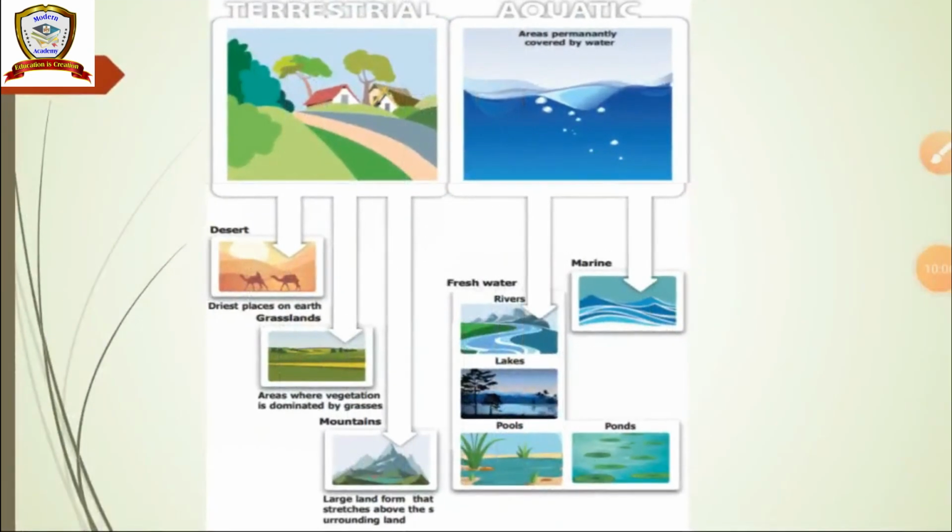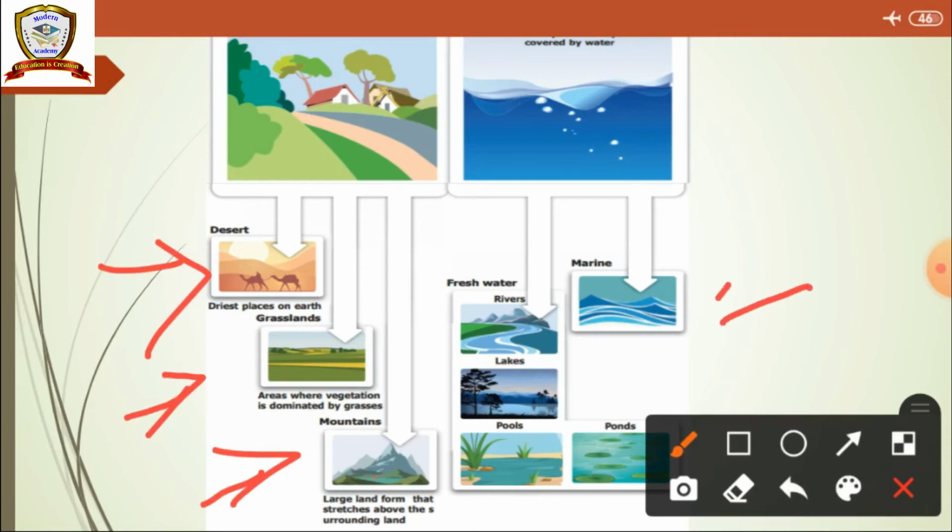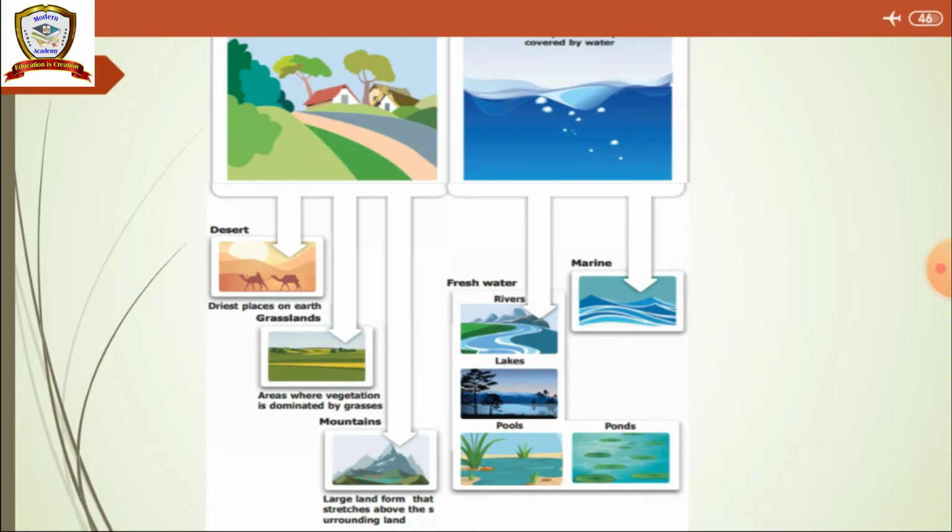So these are the terrestrial and aquatic habitat. In the terrestrial habitat, we can see desert, grassland, mountains. In the aquatic habitat, we can see marine water habitat, and freshwater habitat like rivers, lakes, ponds.